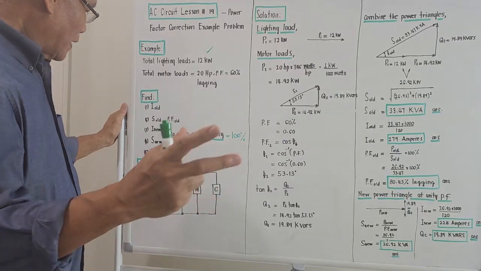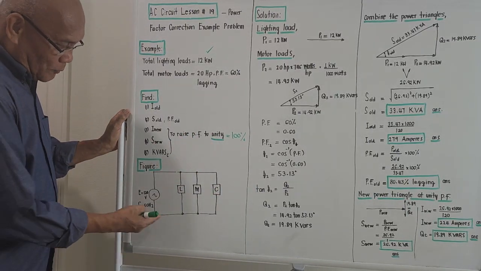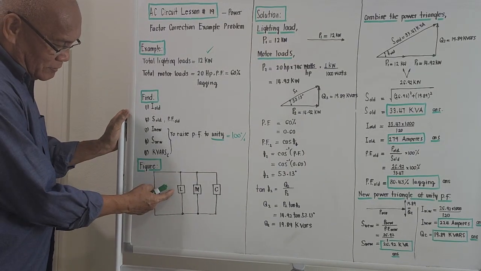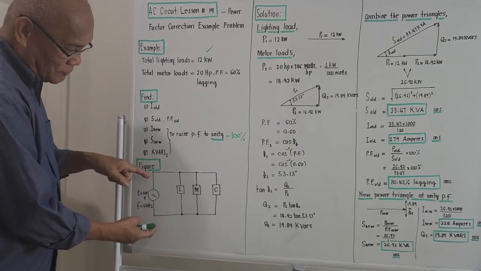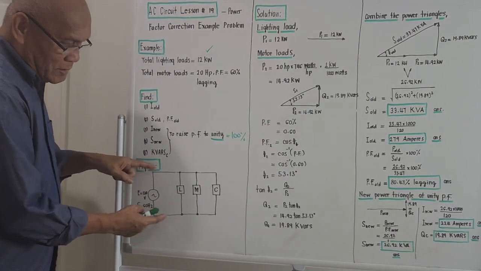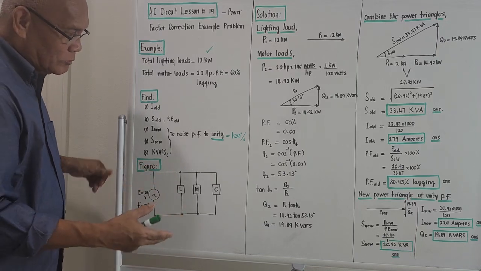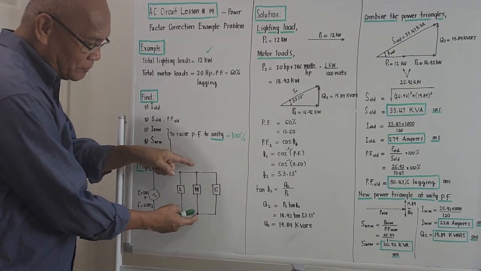Okay, let's try to bring out the figure. The figure will be something like this. Of course, the connection is parallel, right? The light is connected to the utility line, the motor loads are connected to the utility line, and the condenser needed to correct the power factor to 100% must also be connected in parallel.